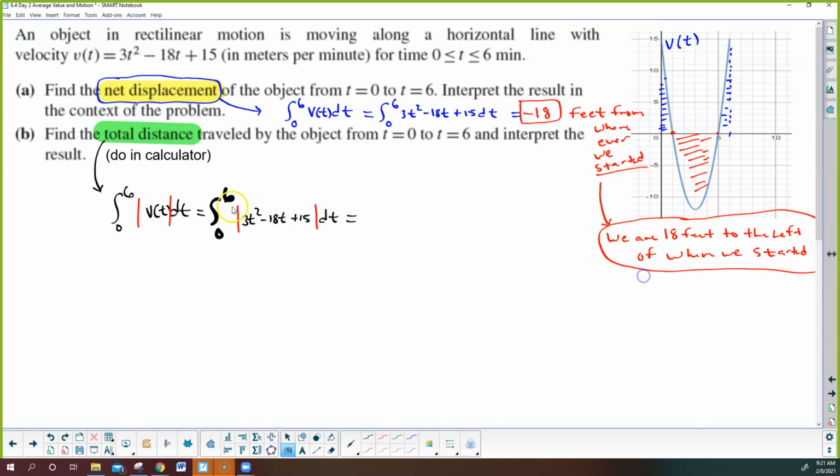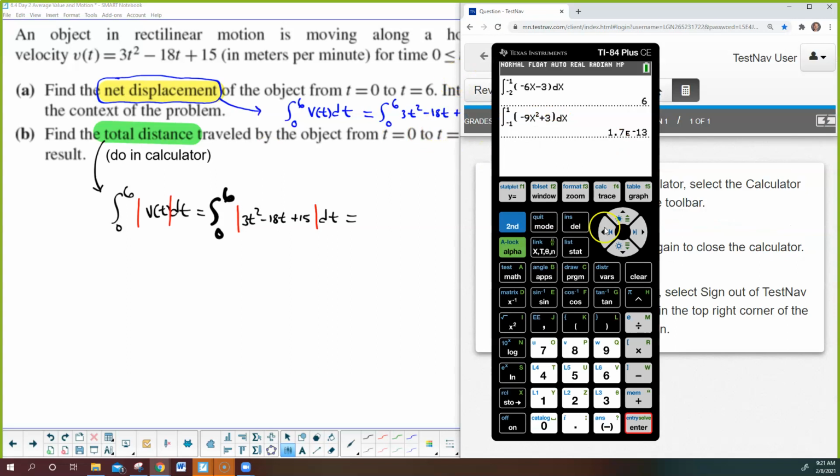And then the only question is, where do we get the absolute value bars in our calculator? All right, now there's more than one way to do this, but I first have to start the integral.